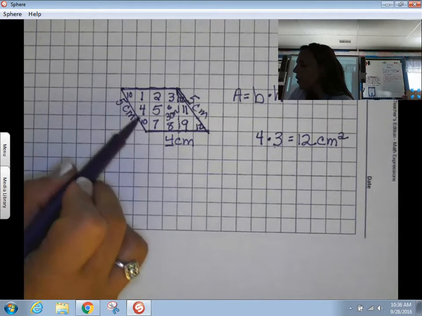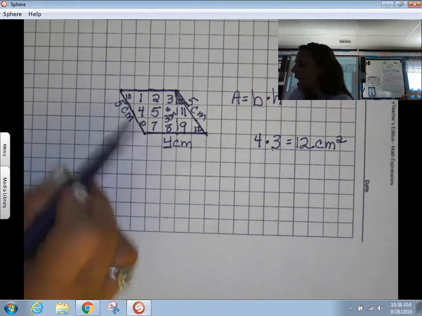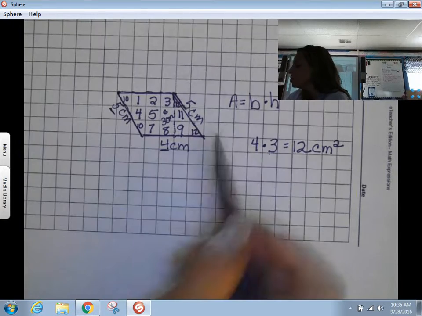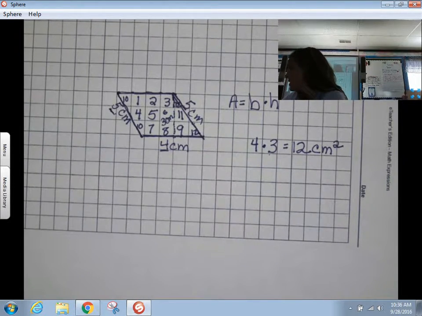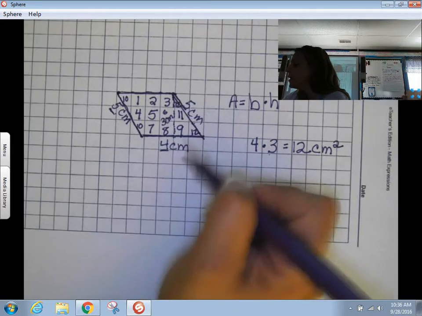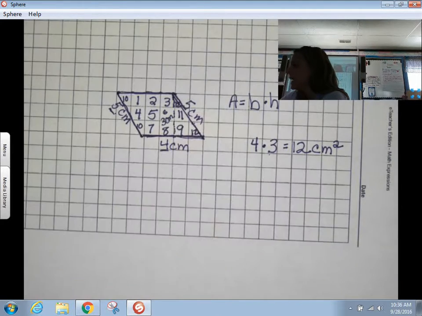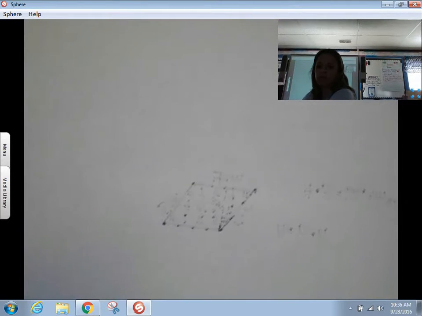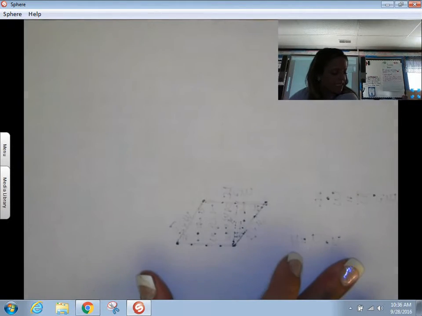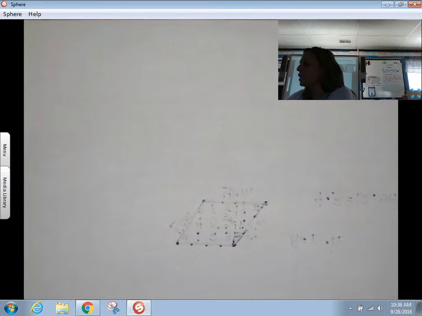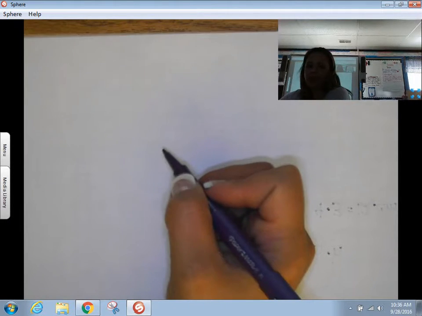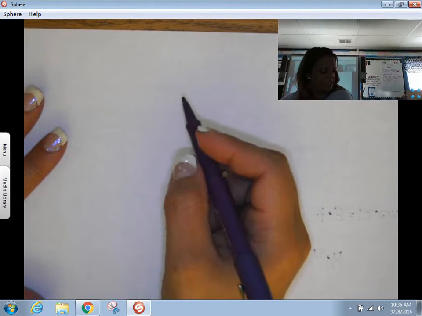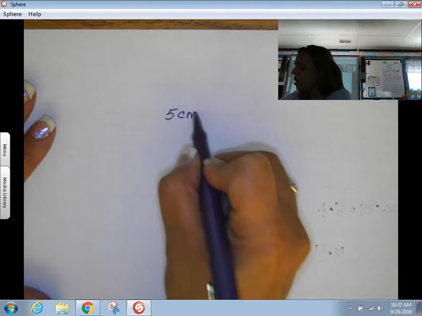Don't be fooled when they label this slanted line with a 5. Don't do 4 times 5 and get 20. Make sure you're doing base times height. Okay, so let's do one together. Let's say just on the back of your grid paper, sketch a parallelogram, and we're going to say it's 5 centimeters long.